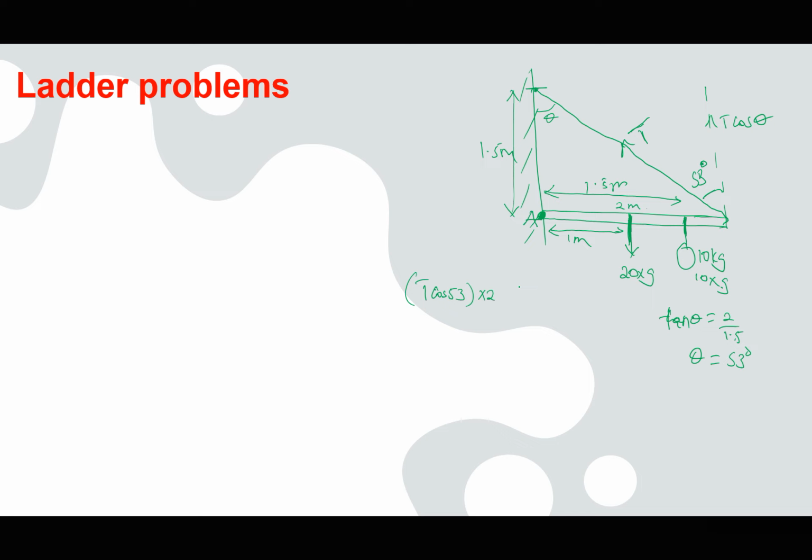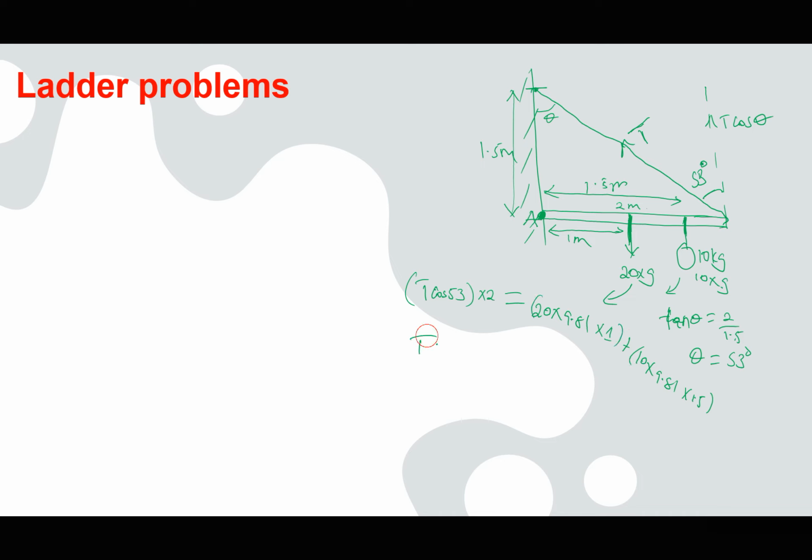That is going to cause anticlockwise, should be equal to, this will cause clockwise, the other will also cause clockwise. So it is going to be equal to 20 times 9.81, that is force, times the perpendicular distance, which is 1 meter, plus 10 times 9.81 times the perpendicular distance, which is 1.5. This is a total sum of clockwise moments.